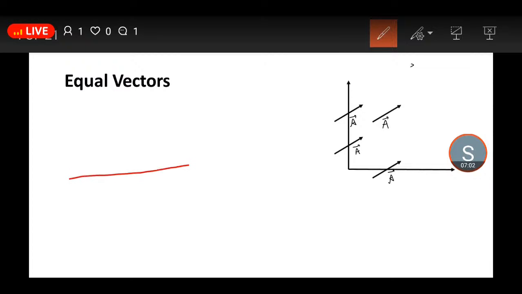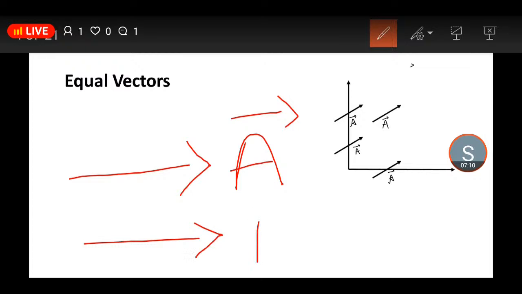Say we have vector A, and this is vector B. Both have the same magnitude and the same direction, and are called equal vectors.